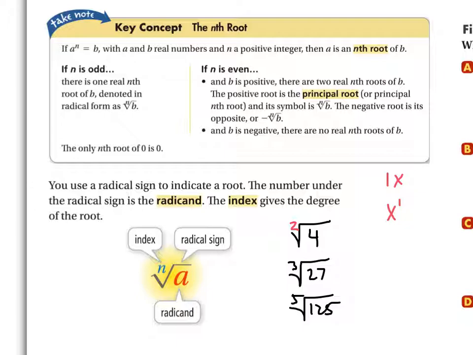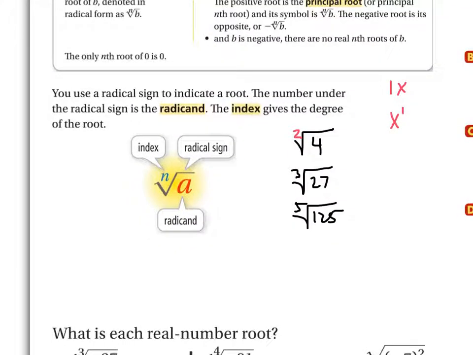Okay? For example, let's go ahead and look at the cubic root of negative 8. What they're asking us here is what number multiplied by itself 3 times gives us negative 8? Negative 2.